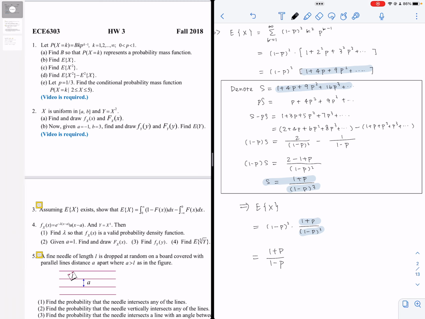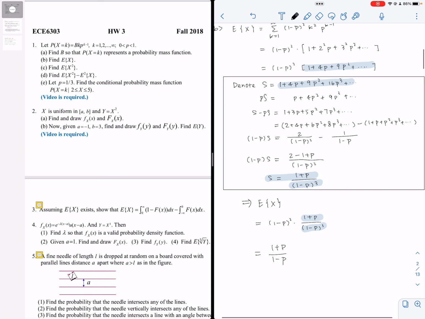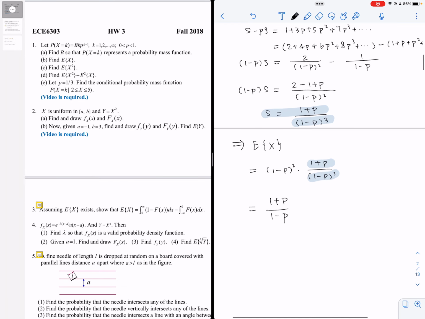And so we can get s, right? And then we can use p to represent s, and that gives us 1 plus p over 1 minus p cubed. So going back to the expectation of x, we'll still have to multiply 1 minus p squared. So eventually here we get 1 plus p over 1 minus p.